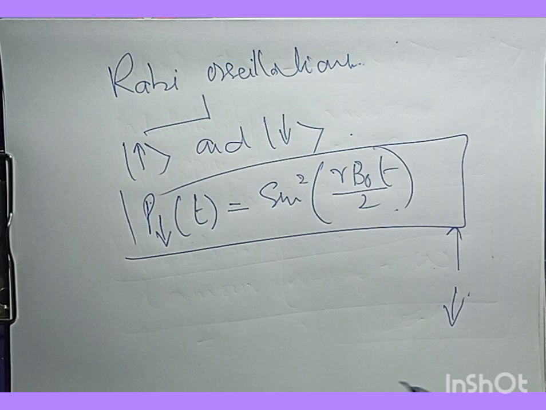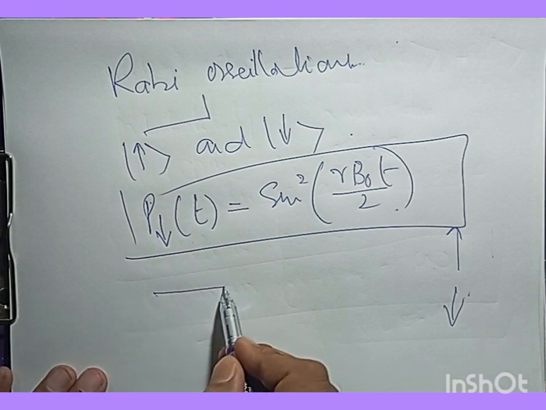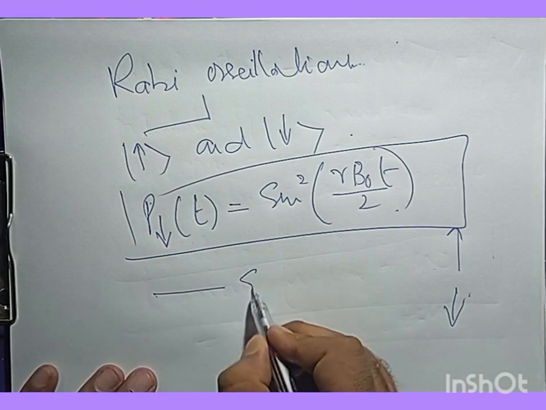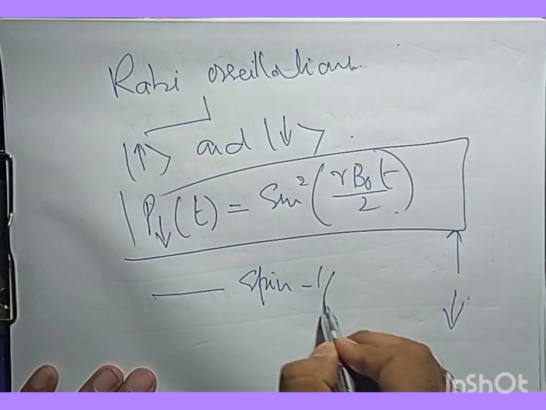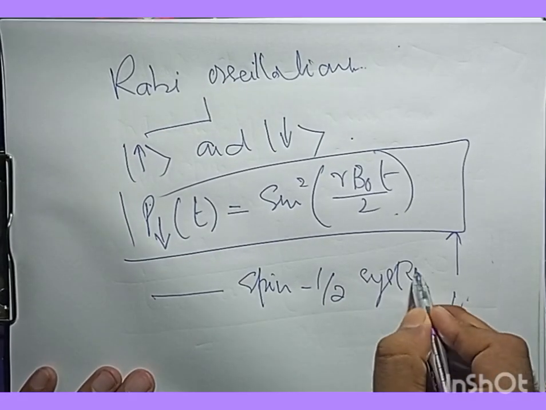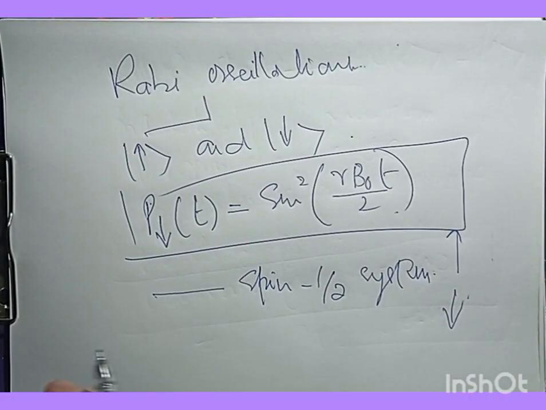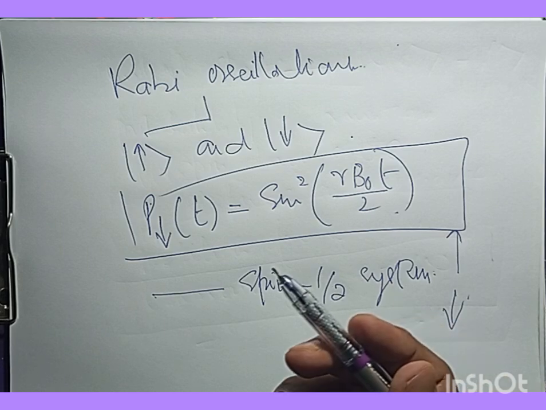So all of these examples that I have taken here, the motivation was basically to demonstrate some of the key features of spin half systems, such as superposition, the measurement of probabilities, and the interaction of spin with a magnetic field.